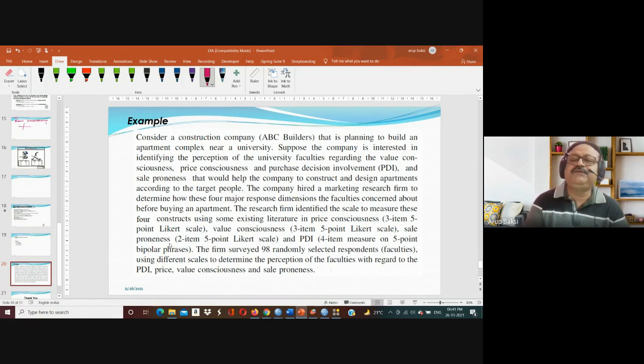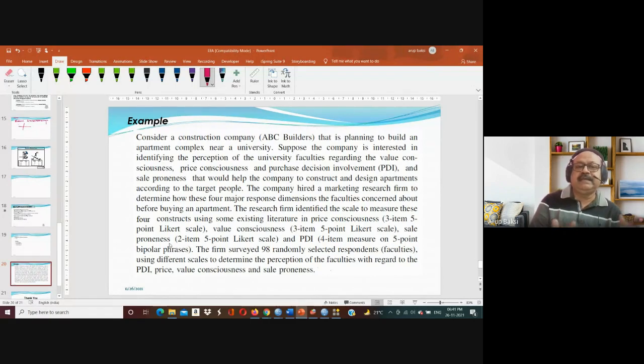So they have identified 4 factors: the value consciousness of the customers. In this case, the customers are the teachers. The price consciousness, because they are trying to sell them flats or a certain kind of real estate. Price consciousness and purchase decision involvement, and sale proneness.